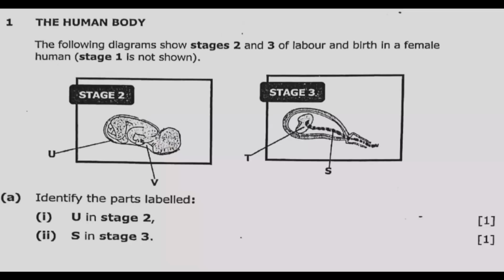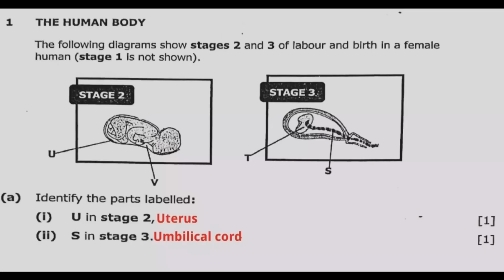The part labeled U in stage 2 is the uterus. Next, identify the part labeled S in stage 3. The part labeled S in stage 3 is the umbilical cord.